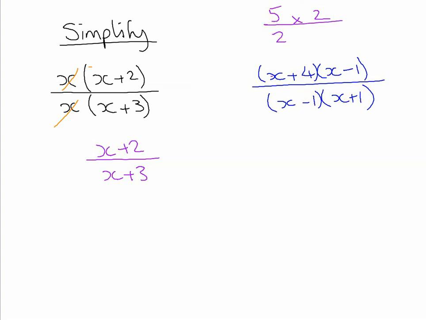I have to put a 2 there because they're the same bracket, and let's just put another number here. So if it was like this, I'm pretty sure you'd happily go, right, I can divide by 2 top and bottom. And I'd be left with the one on the left, which is x plus 4, and the denominator would be the one on the right. It's not harder than that, but people like to think it is.